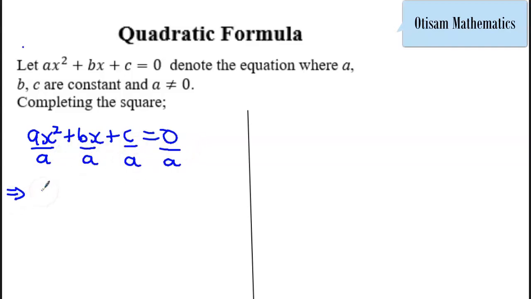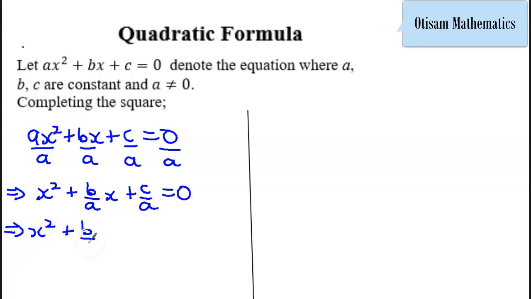We're going to have x squared plus b on a x plus c on a is equal to 0. Okay, let's send this term to the right hand side. This implies that x squared plus b on a x is equal to minus c on a.